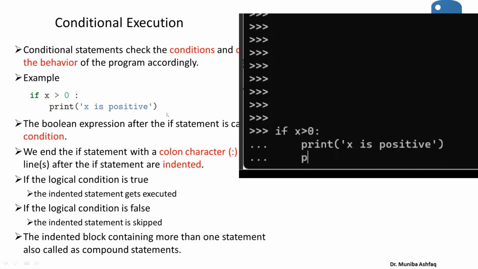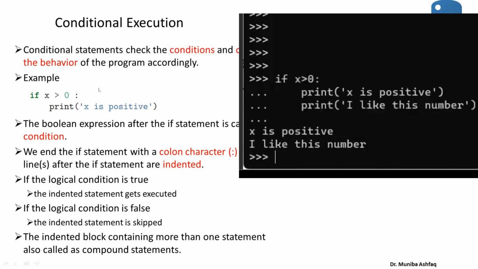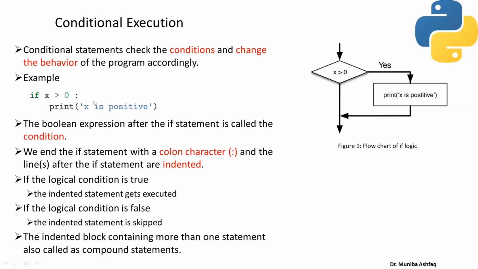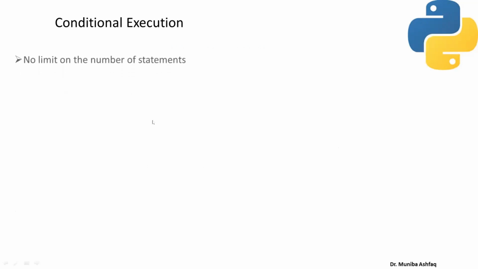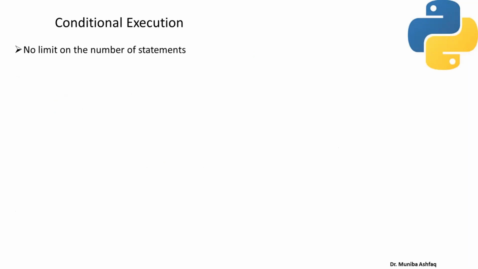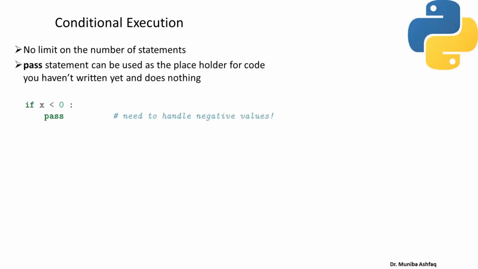But if we have multiple statements, then those statements would also be indented, and the whole indented block would comprise the compound statements. That is, more than one statement would be there. There is no limit on the number of statements.